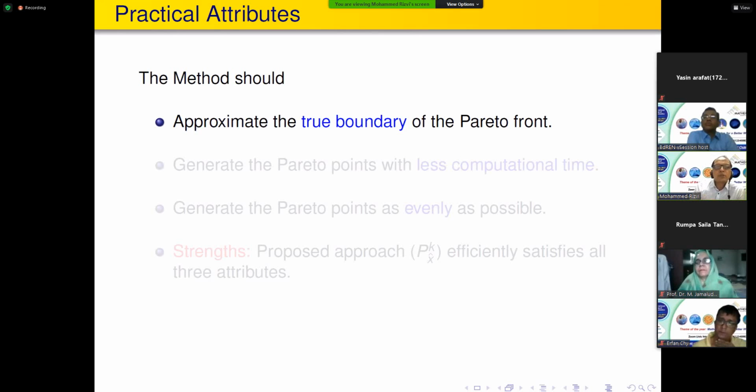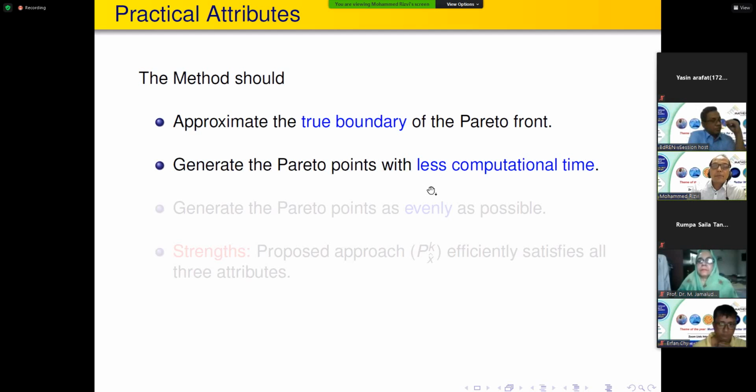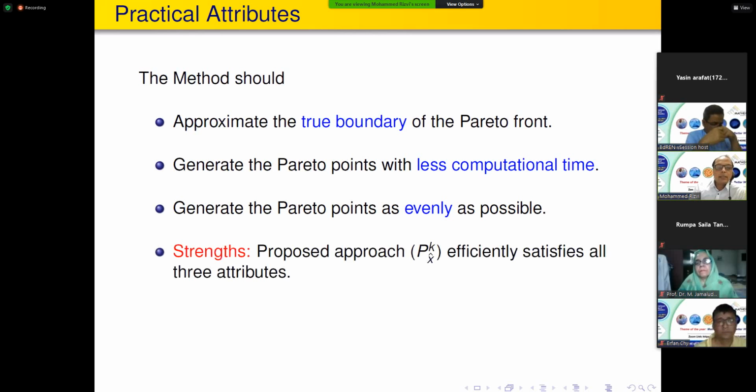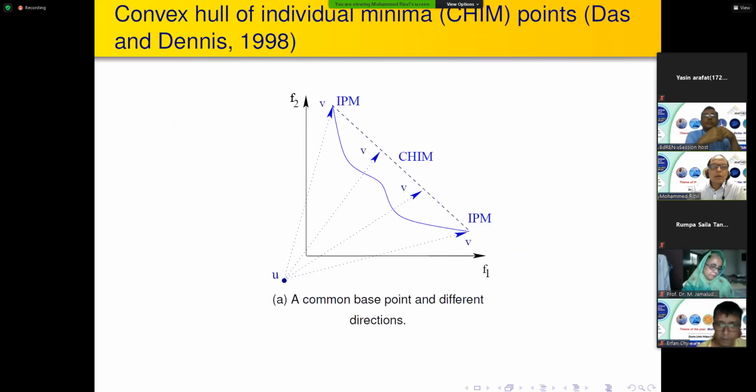The method should take less computational time, because if it takes more, that is a big disadvantage of the algorithm. And you need to generate Pareto points as evenly as possible on the front. Our experiments show that the proposed algorithm fulfills all three criteria. Now, let's take an example and see how this works.